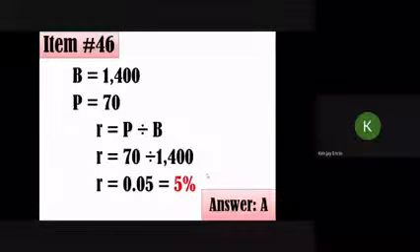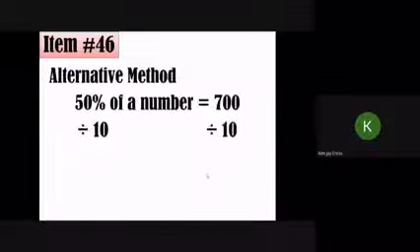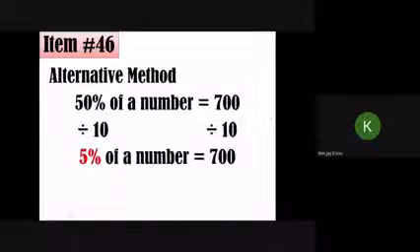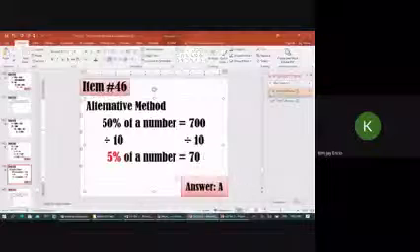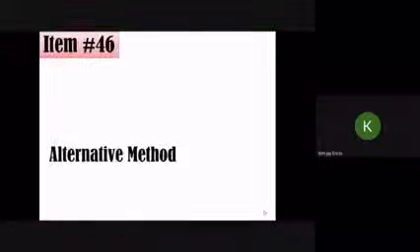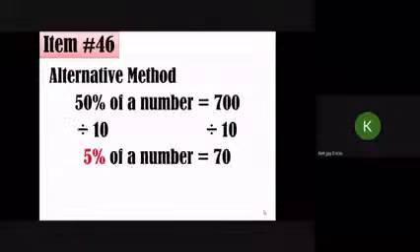I hope you got it. An alternative method will be like this. If you could notice, 700 became 70, right? Sorry for the extra 0 earlier. 700 became 70, so you divide by 10.